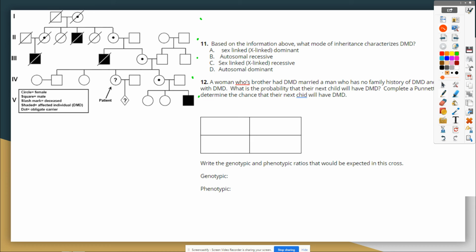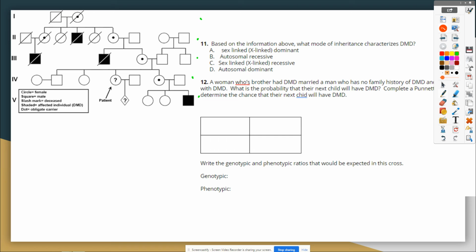You look at it, does it skip generations? Yes, so we know it's recessive. Parents don't have it, shows up in the kids, we know it's recessive. Then we say, does it show up in more males than females? Yes. So, for the most part, that tells us it's sex-linked recessive, especially since we're seeing it in all males. But then we can test it out and say, well, if he has it, a little h, mama would have had to give it to him.